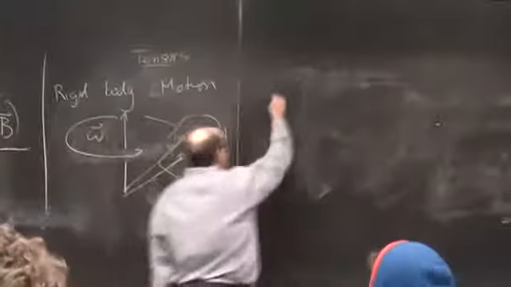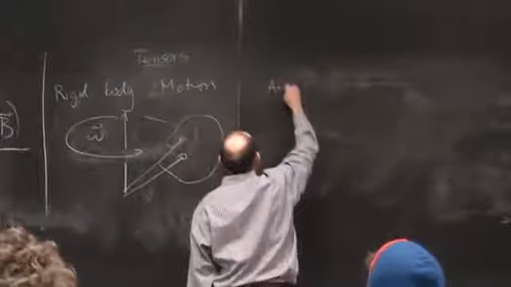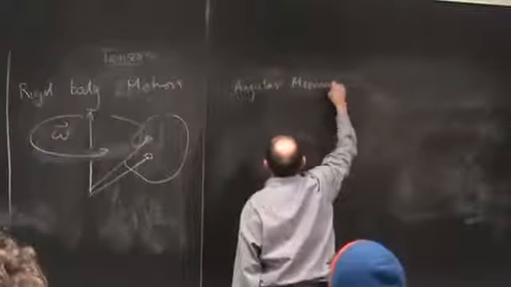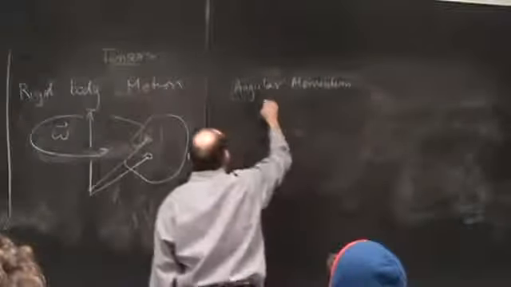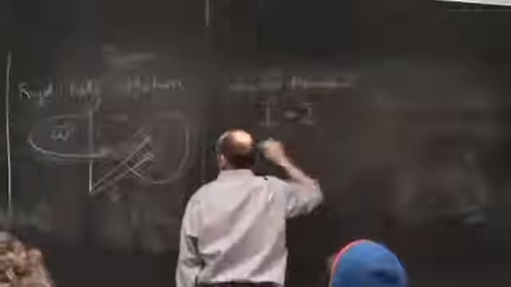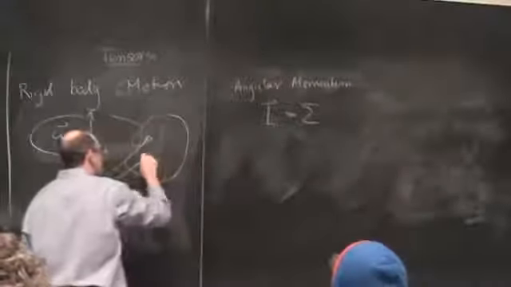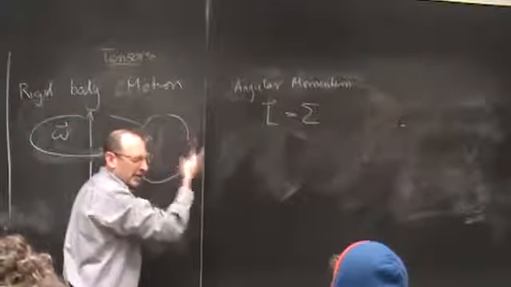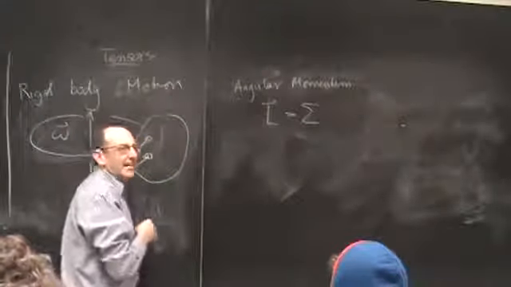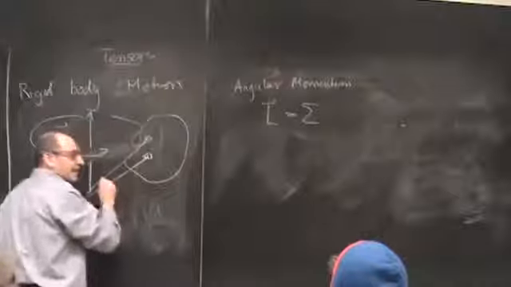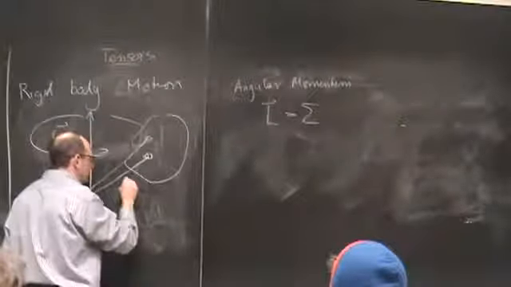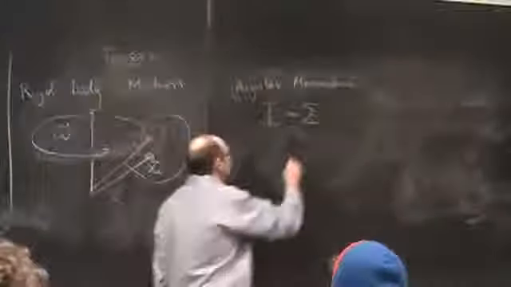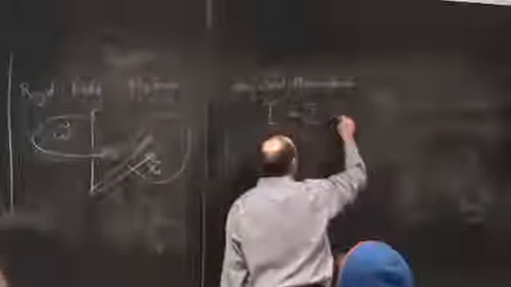So the angular momentum of that body, L, I sum over all, let's say, I should write it as an integral, but let me just write it as a sum because I don't want to deal with the continuum for the moment. So there's the alpha position here. Each one is a little dm, but I'll just call it m alpha.